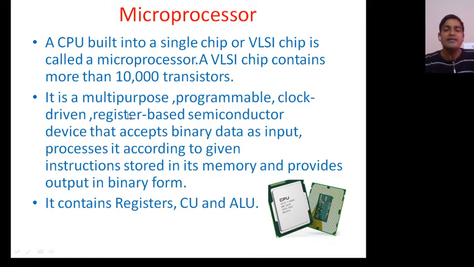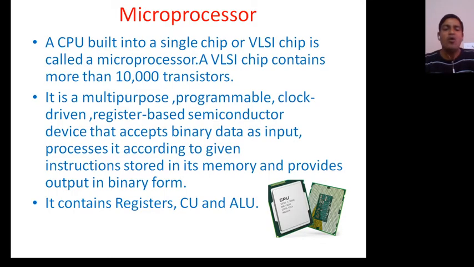Okay, and it is a register-based semiconductor device. Register based means its internal memory is registers, and it accepts data in binary form, and it processes, as the name indicates, processor, and produces output again in binary form, because a machine can understand only binary language. So what is the function of a microprocessor?